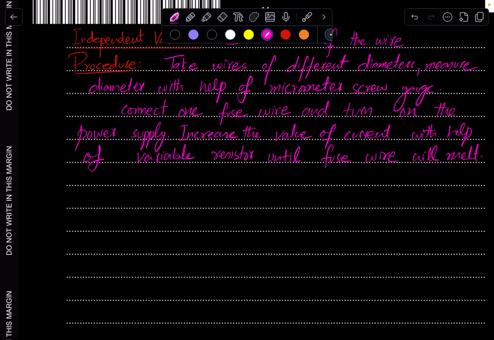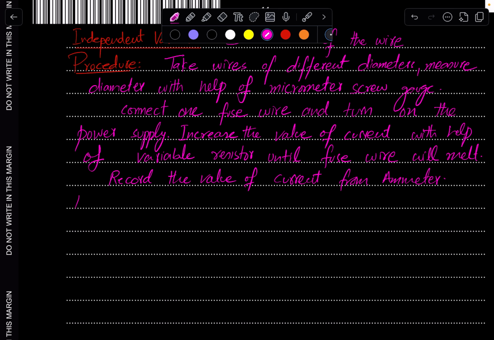Now we will record the value of current from the ammeter.